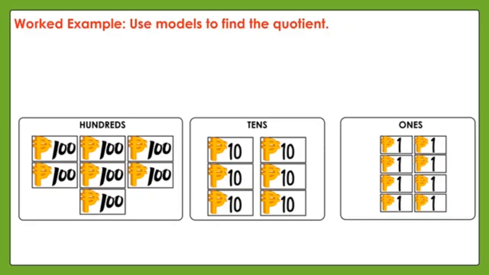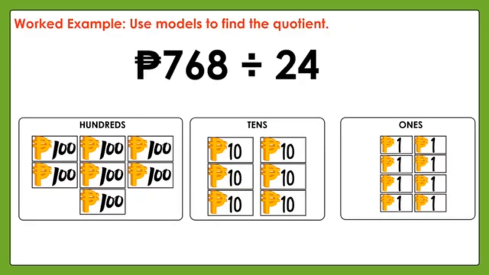Worked example: use models to find the quotient of 768 pesos divided by 24. So we have, for hundreds, we need 700 pesos. 100 pesos, 200 pesos, 300 pesos, 400 pesos, 500 pesos, 600 pesos, and 700 pesos.